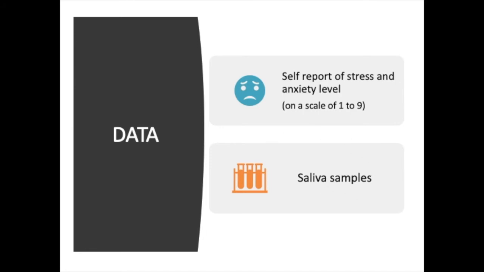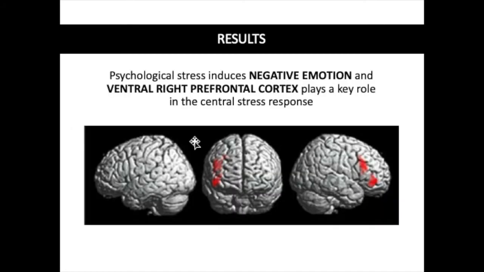Now, when the results came out, they suggested that psychological stress, when they're doing the stressful task, induces negative emotion, and the area that was highly activated was the ventral right prefrontal cortex, which plays a key role in the central stress response.